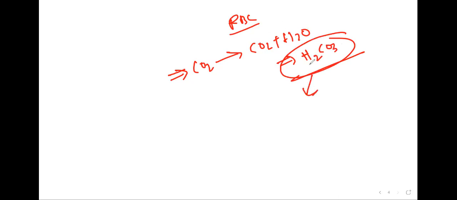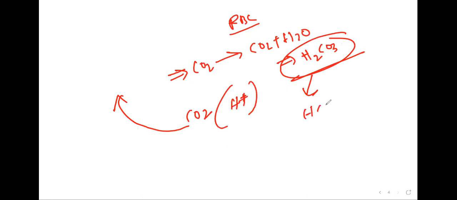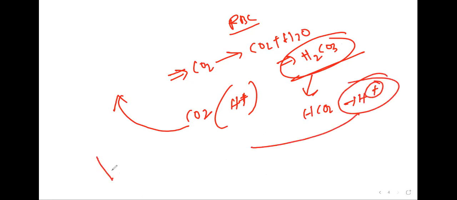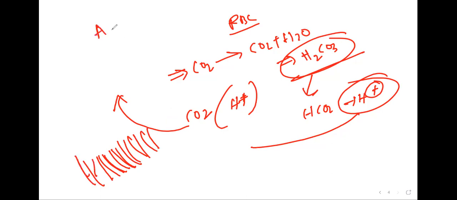If carbon dioxide is eliminated, H ions will remain steady. One H plus ion will separate. So this H plus ion, if hydrogen is increasing in the blood, what will happen? It will increase the acidic nature of the blood.